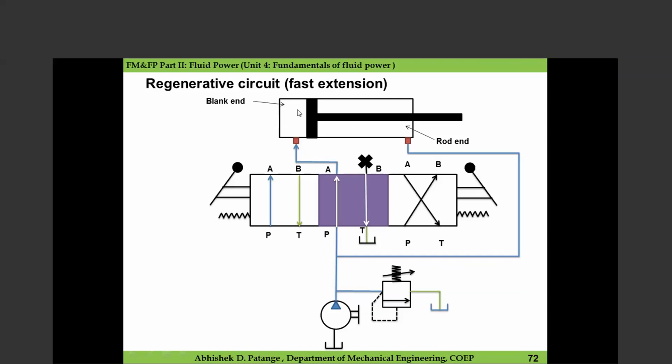So the cylinder force exerted from this side will be larger than the cylinder force from the rod end side, because of the smaller cross-sectional area of the rod end. Because of the higher cylinder force, it will push the piston towards the right hand side, and because of this movement, the liquid from the rod end has only one option: it has to come out and be given again to the pressure line.